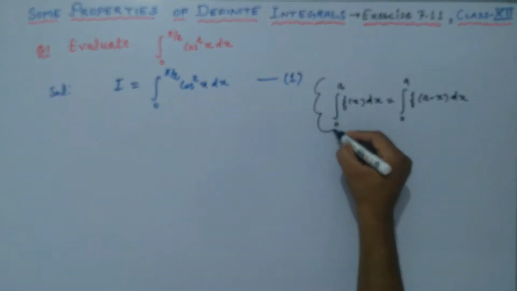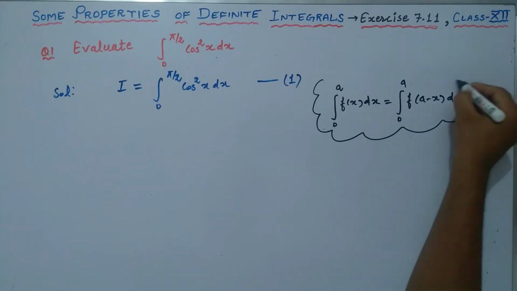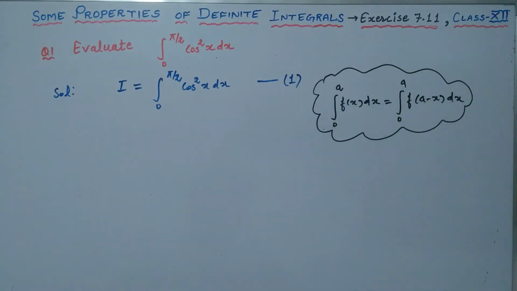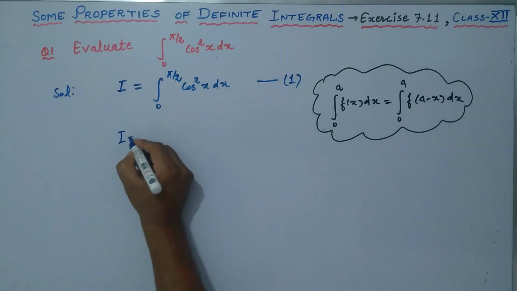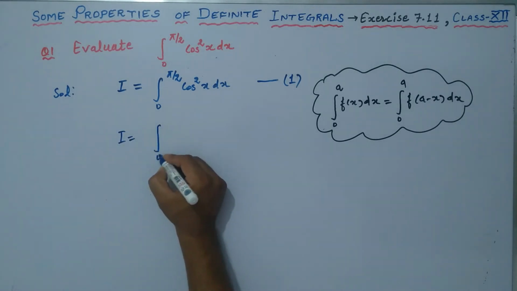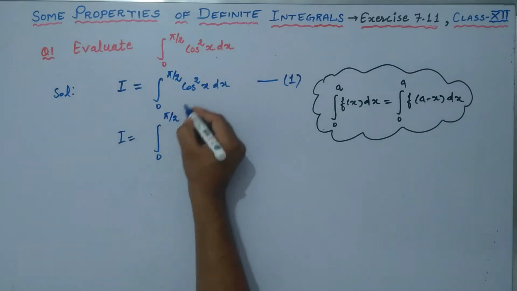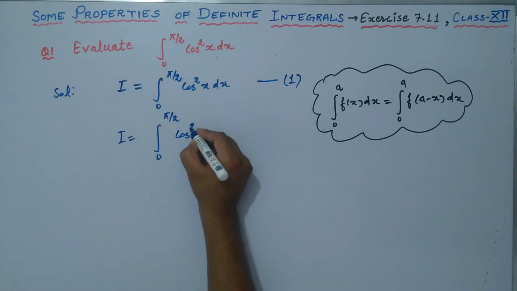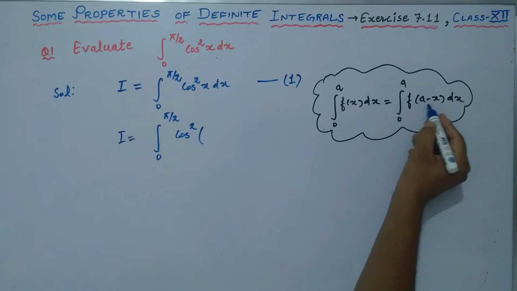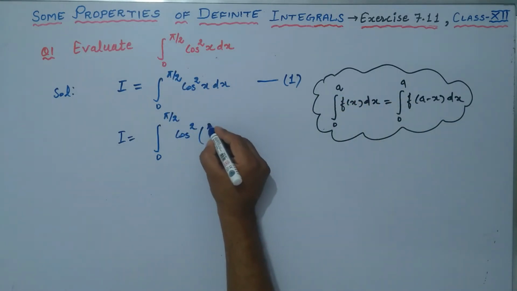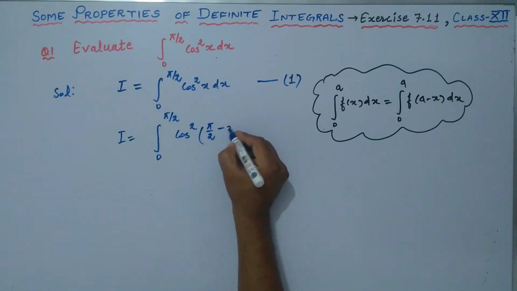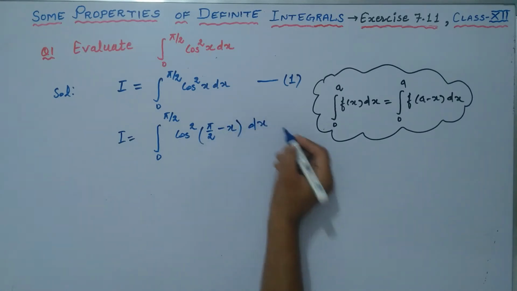So we apply this property here. Now the question becomes I is equal to the integral from 0 to pi by 2 of cos square of a minus x, and a in this question is pi by 2, so pi by 2 minus x, dx.